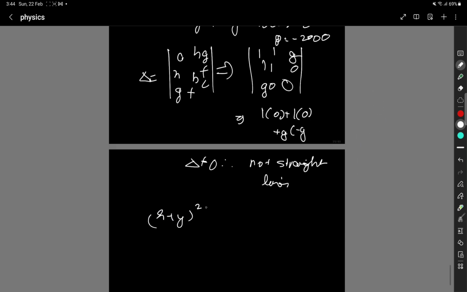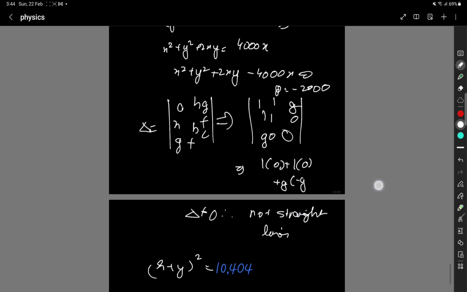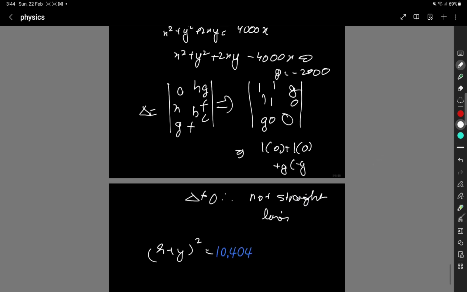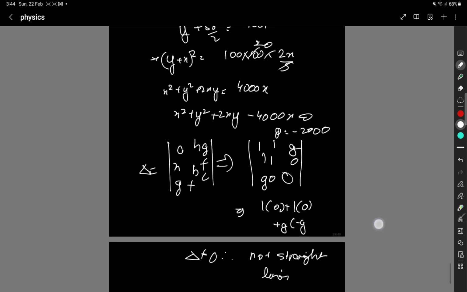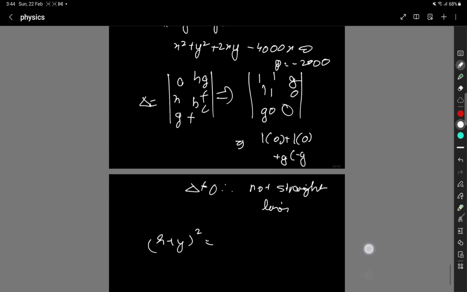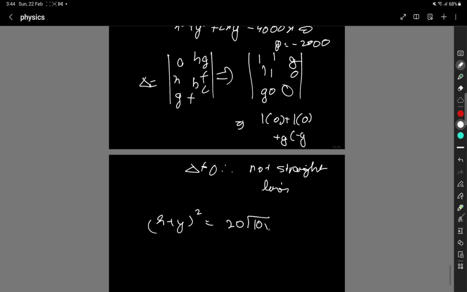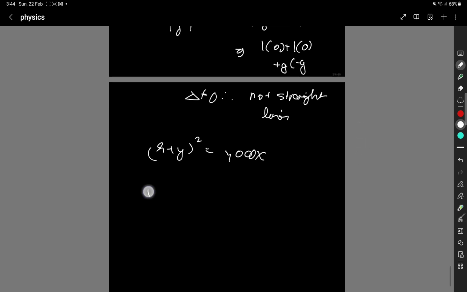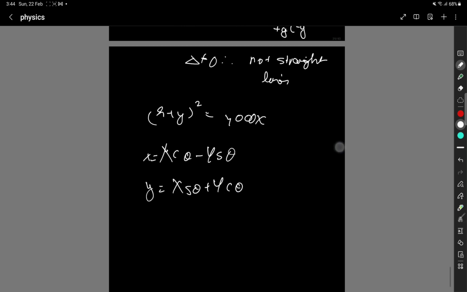So we just look at the equation for a second. We have x plus y whole square is equal to 4000x. Now I'll rotate the axis by an angle theta. Small x is equal to capital X cos theta minus capital Y sin theta. Small y is X sin theta plus Y cos theta.